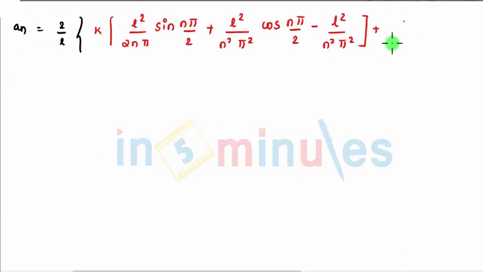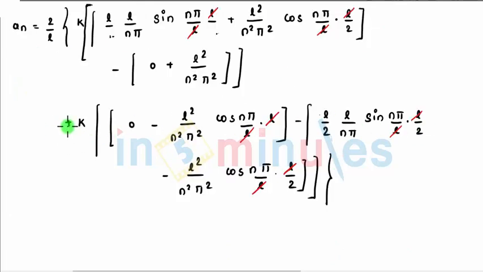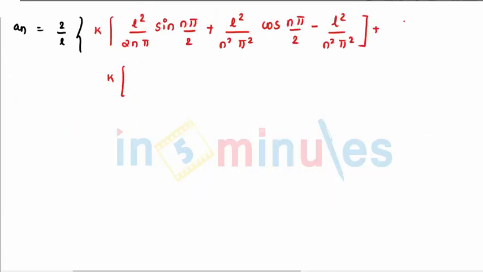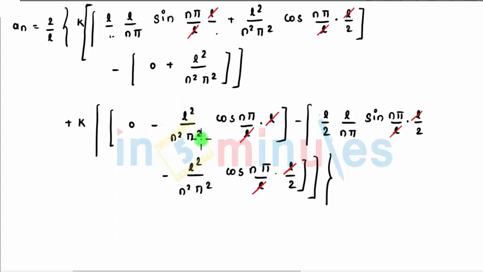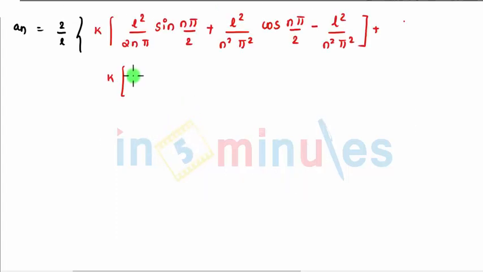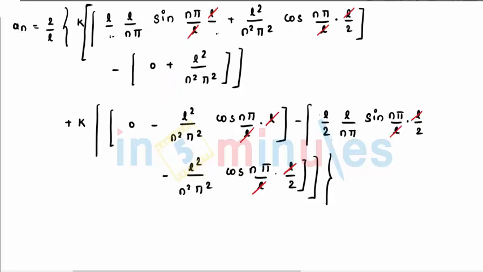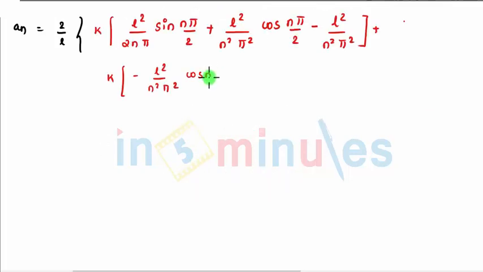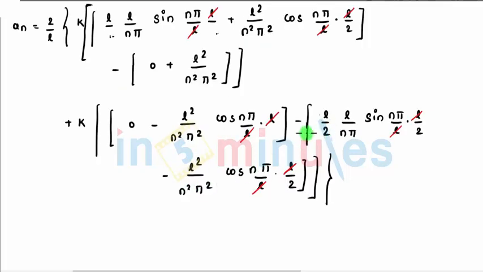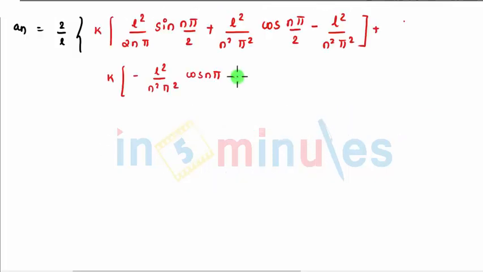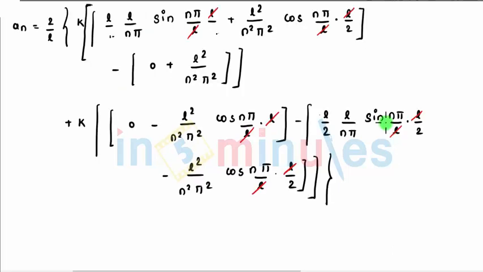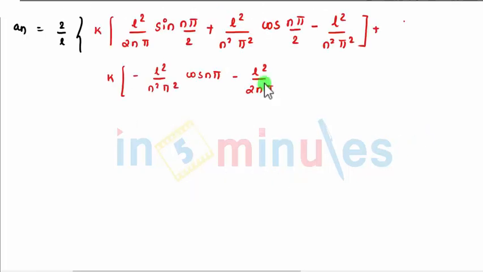So now this we can write as plus k in a bracket minus L square divided by n square pi square minus L square divided by n square pi square, further cos n pi, further minus L square divided by 2n pi multiplies to sin n pi by 2.